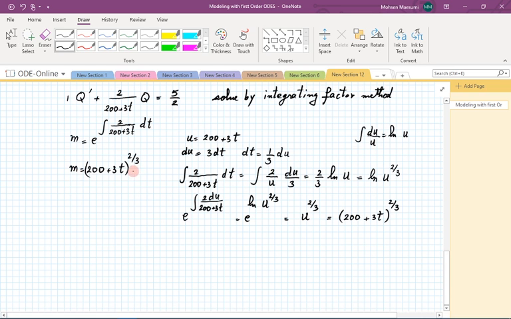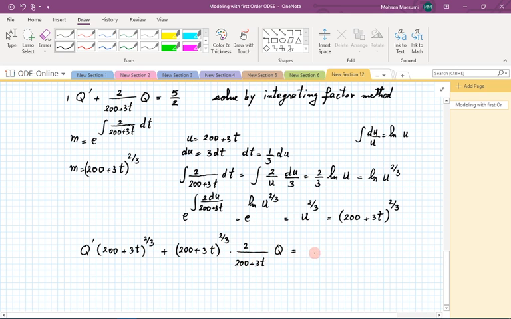We take this m and multiply by the equation that has been standardized. There has to be a 1 up front, so I multiply by m. So I'm going to have q prime times 200 plus 3t to power of 2/3, plus that m times this factor as well, so it's going to be 200 plus 3t to power of 2/3 times 2 over 200 plus 3t, that's that factor, times q.